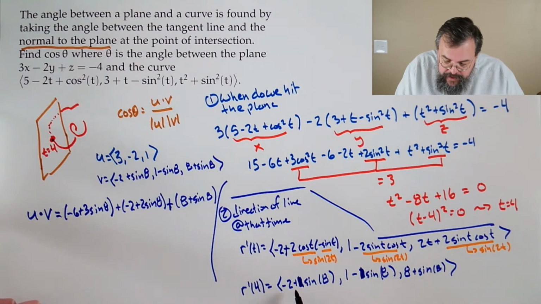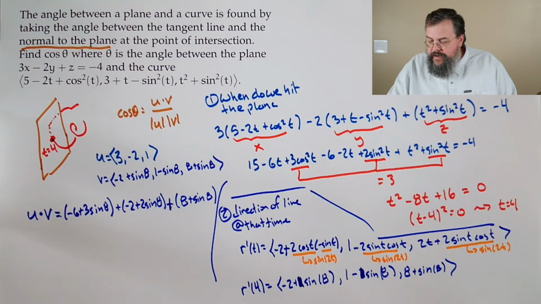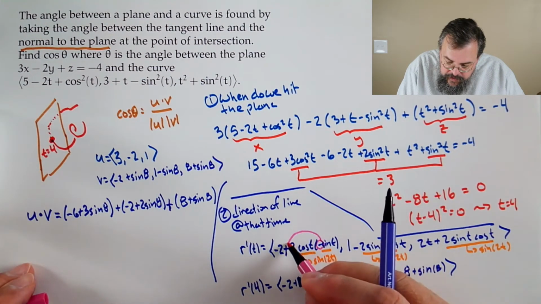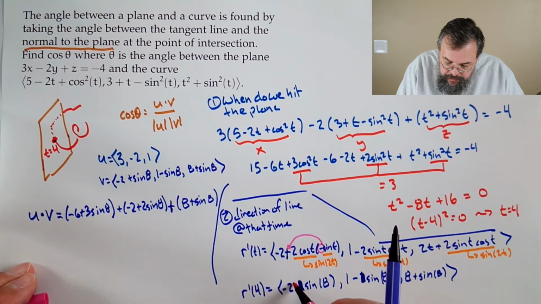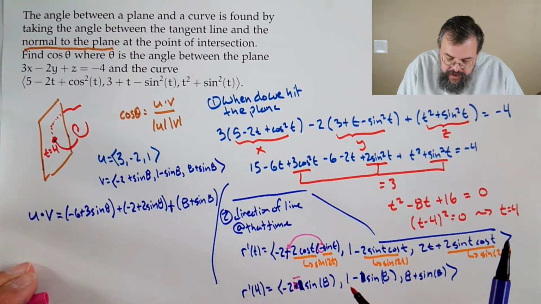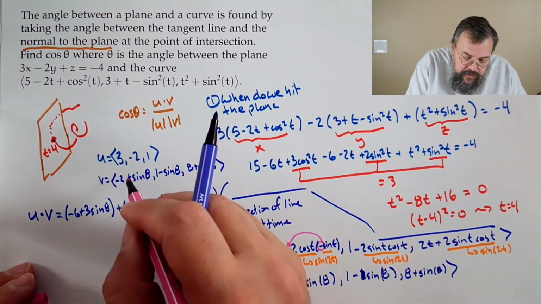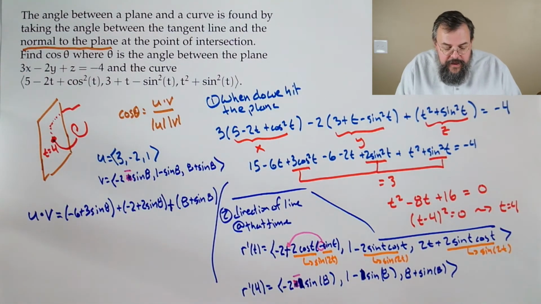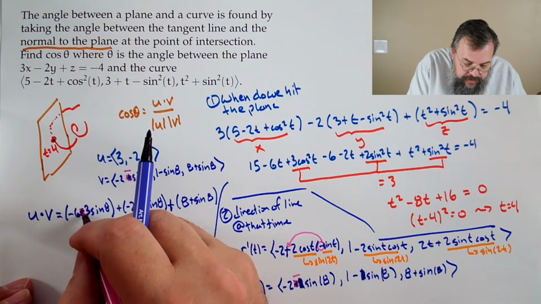You see this plus? I forgot to notice something here. This minus really should come out. So this isn't really a plus. It's really a minus. So we'll fix that. All right. And here, that means that this is a minus.